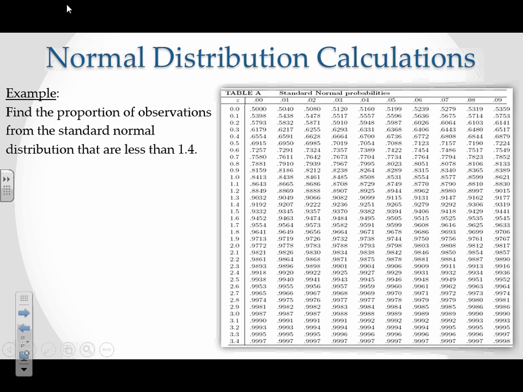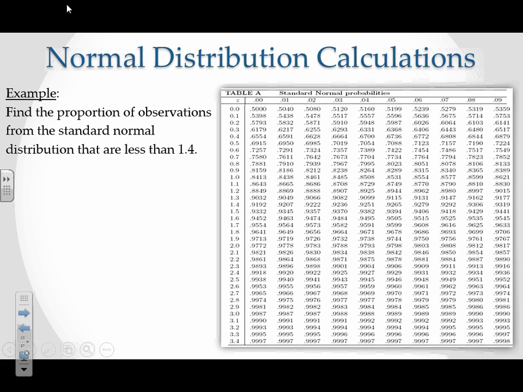Above. How do we know it's above the mean? Because it's a positive z-score. So since it's a positive z-score, it means our value is above the mean. Now, we want the percent of observations. We want the area less than 1.4 standard deviations above the mean. So if I want less than, then that's the area left of 1.4, right? So that's going to be exactly what we find on our table.